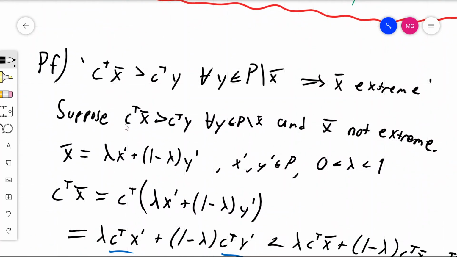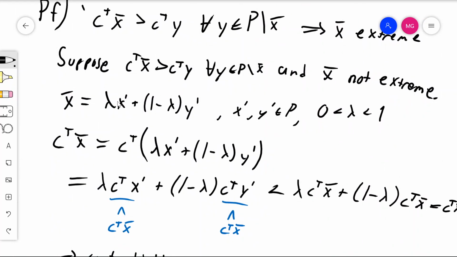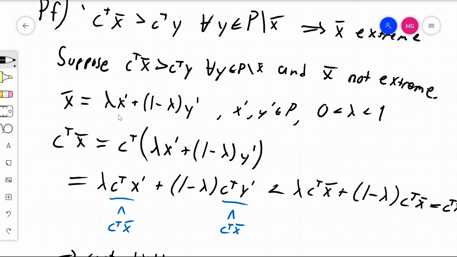Why is that true? Well, because if we had this feature that c transpose x bar was strictly better than c transpose y for all those other y's, and x bar was not extreme, well then what we could do is write x bar as strictly between two other points, x prime and y prime, that are in the polyhedron. So x bar is lambda x prime plus 1 minus lambda y prime.